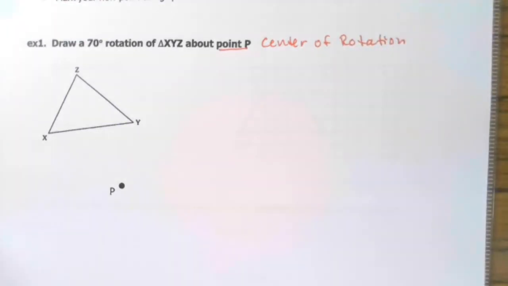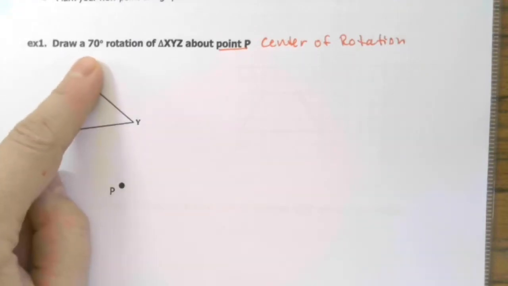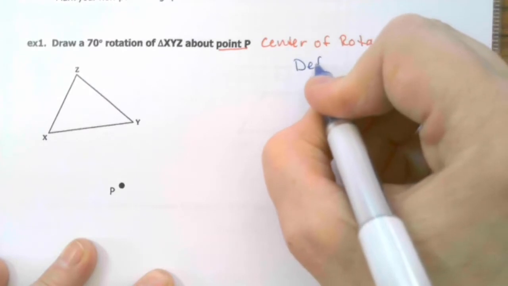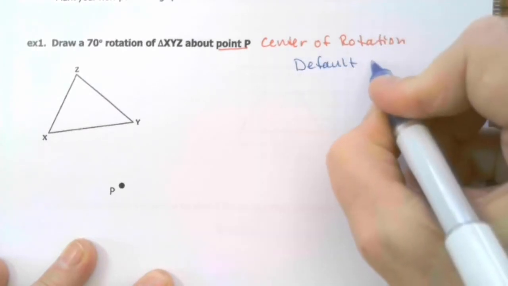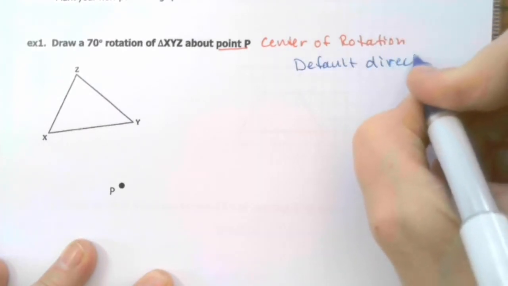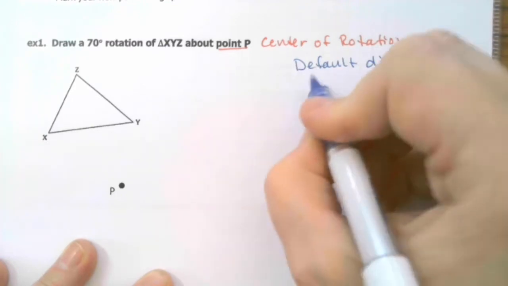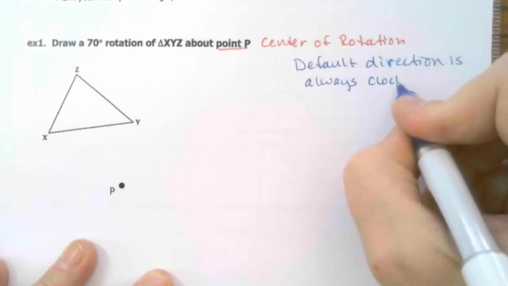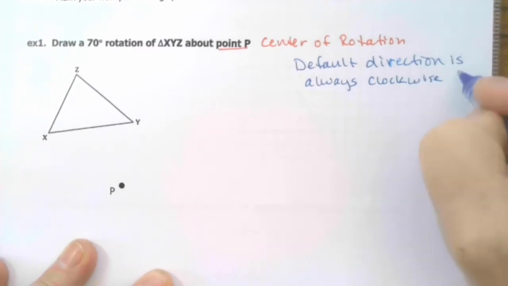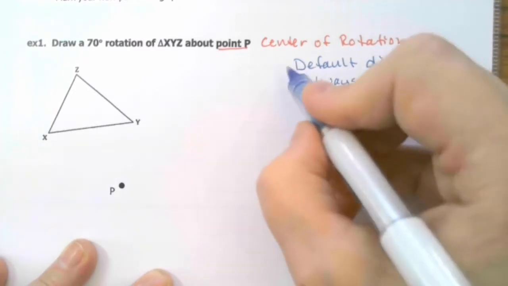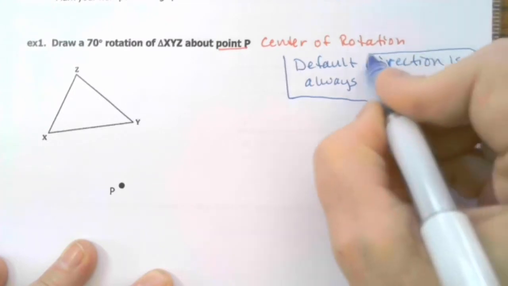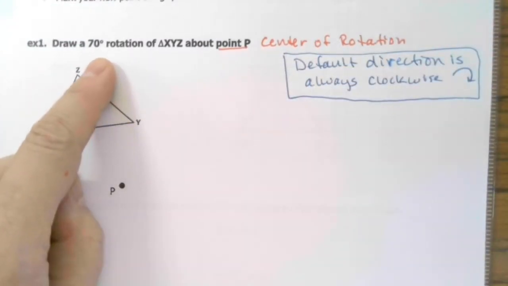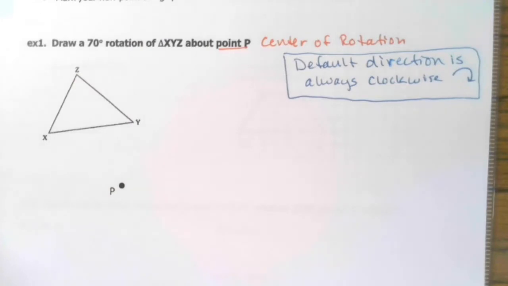Now, really, really important, if it does not specify counterclockwise, your default direction is always clockwise, which is the way the clock goes, this way. So that's really, really important because you want to make sure you're going in the right direction. Since this doesn't say counterclockwise, we assume clockwise.